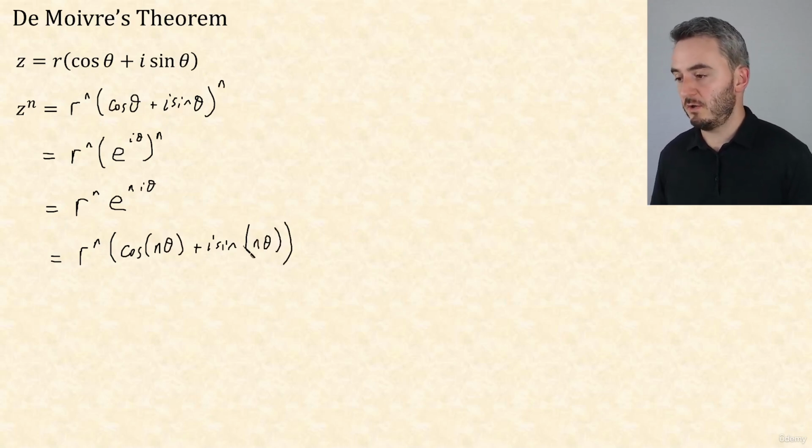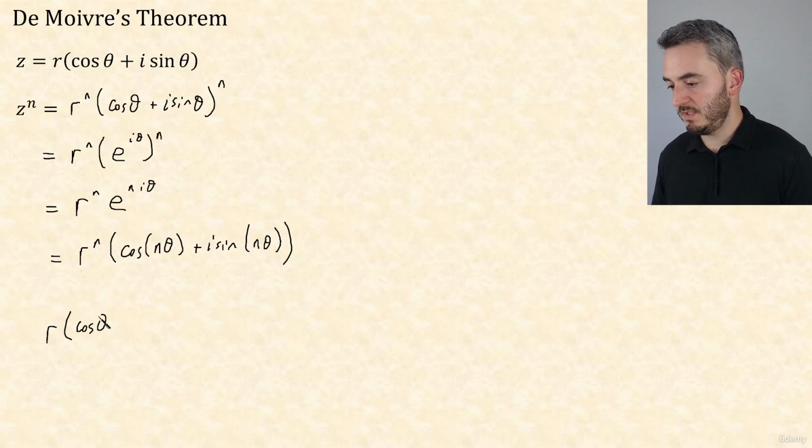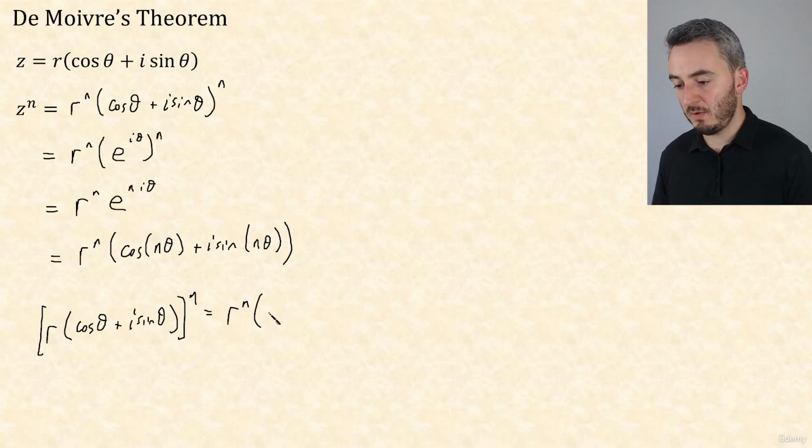De Moivre's theorem says that if you take some complex number, r(cos theta plus i sine theta), all to the power of n, it tells us that we raise the modulus to the power of n, and then our argument simply gets multiplied by n.